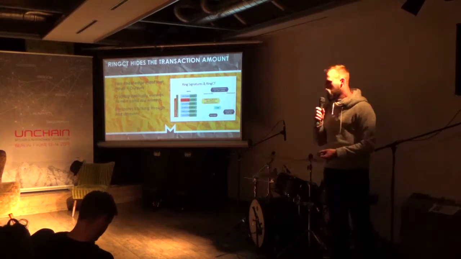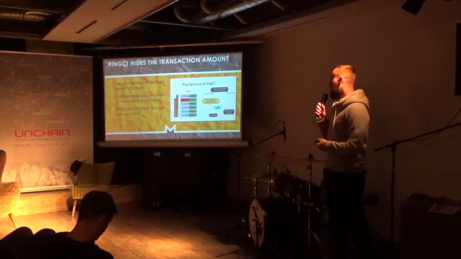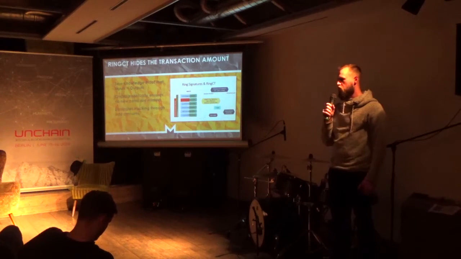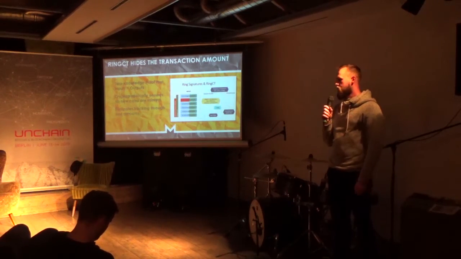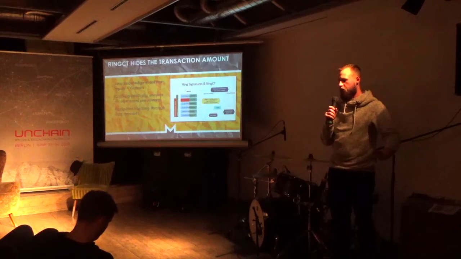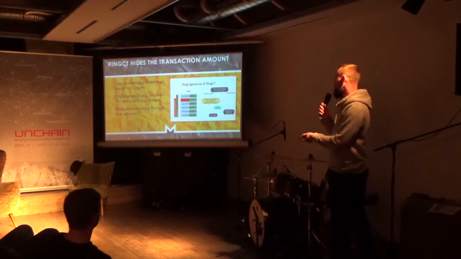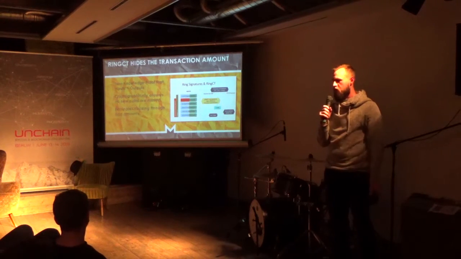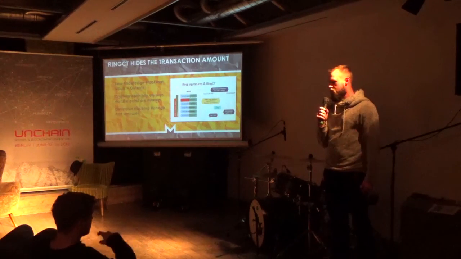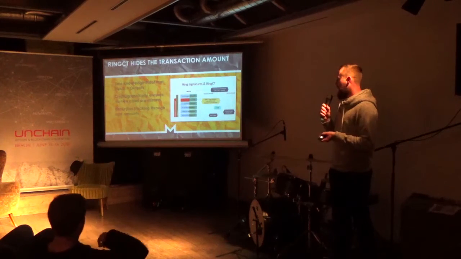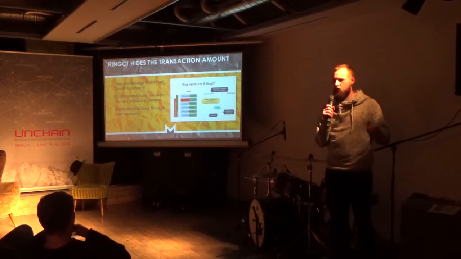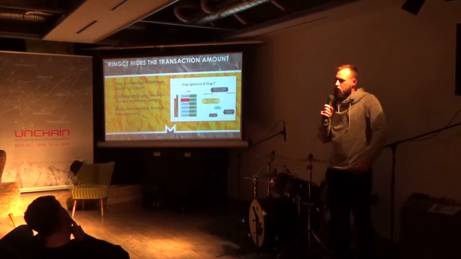Bulletproofs. Ring signatures, like I said, are a zero knowledge proof, and those are very space intensive, because we want to make sure that inputs equal outputs without actually revealing any of the information. When I say space intensive, it's a couple of kilobytes, which may not seem like a lot.